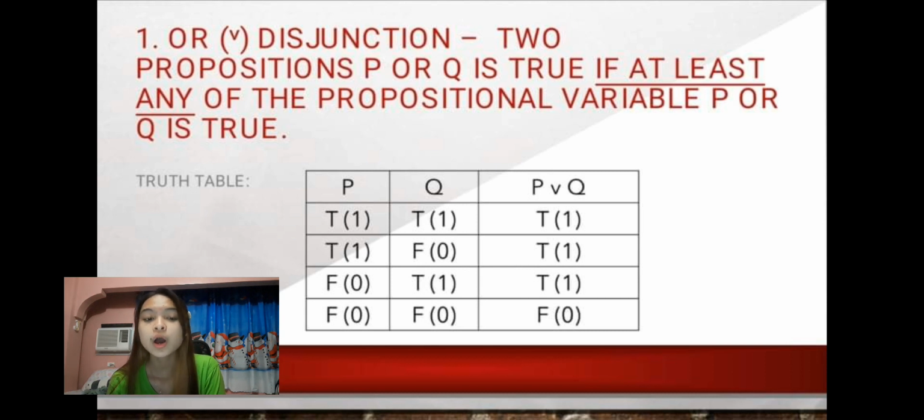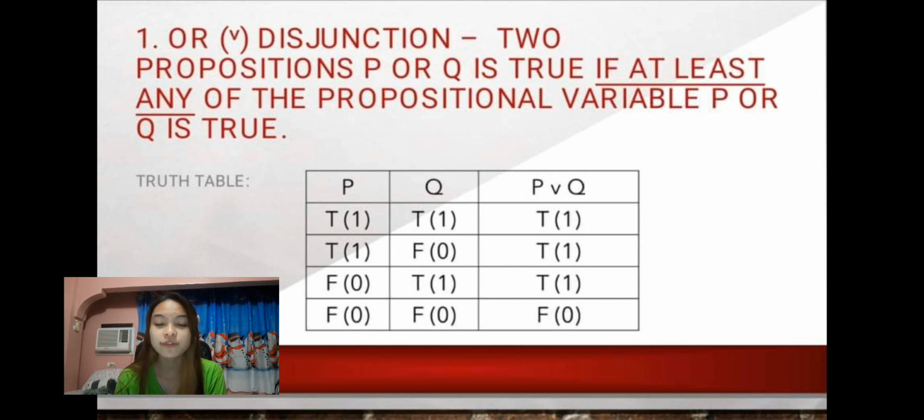So first off, we'll discuss or, the disjunction. For two propositions, P or Q is true if at least one of the propositional values P or Q is true.